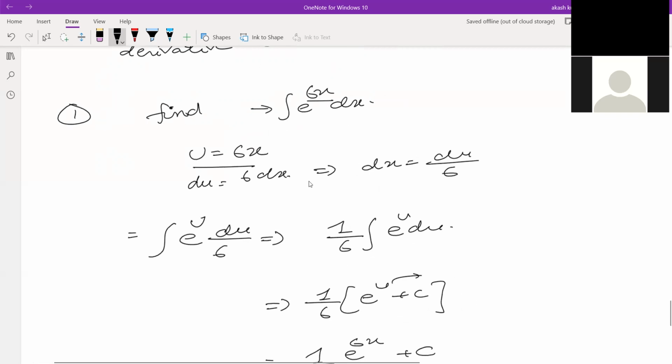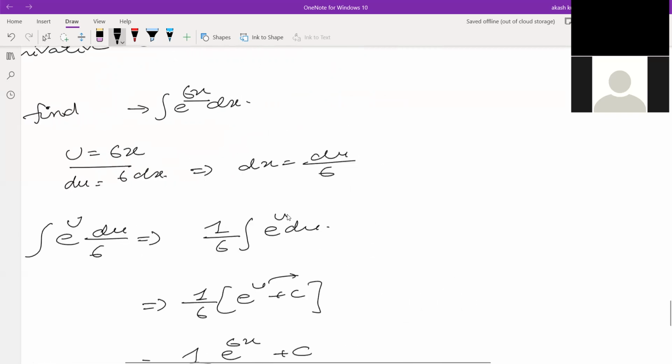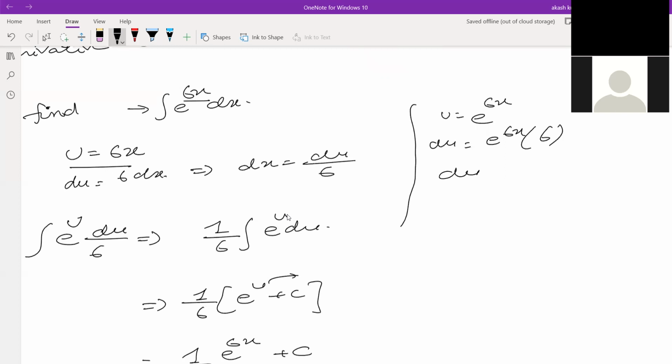Now your question was why I should choose 6x as u. Because if I choose the whole e^(6x) as u, when I differentiate it, it stays e^(6x) and the derivative of 6x is 6. So du is 6e^(6x) dx, and now my dx is du over 6e^(6x).